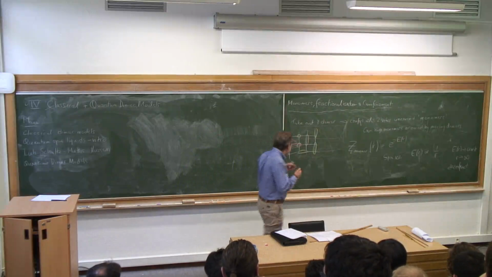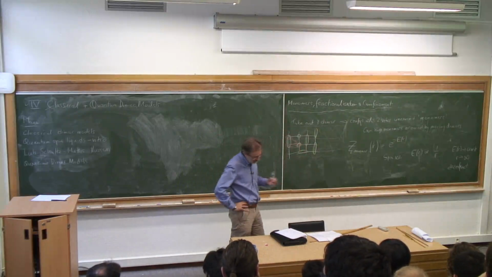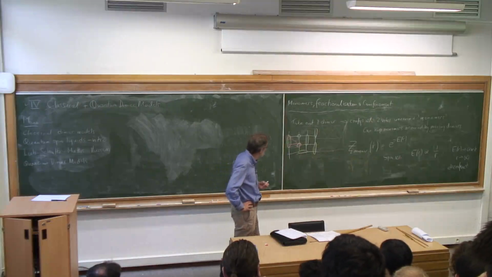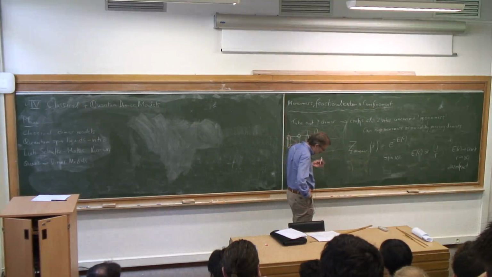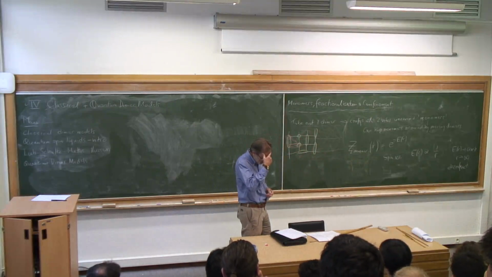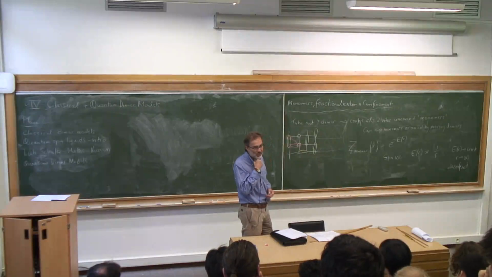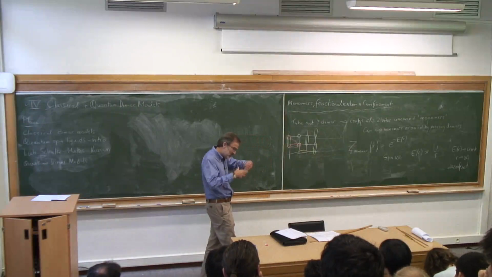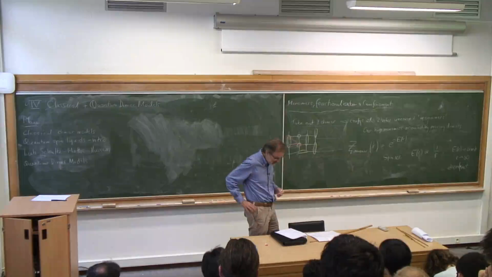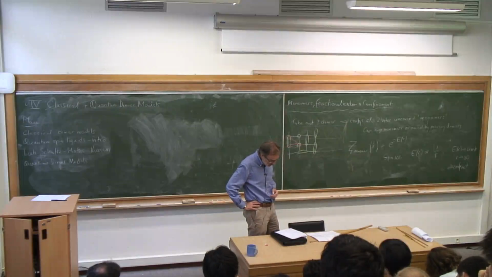And if you look in detail at the mapping to a dimer model, those vortices correspond to monomers. Well, no, actually they correspond to sources of flux because you'd have three dimers touching a site, but it's the same sort of idea.